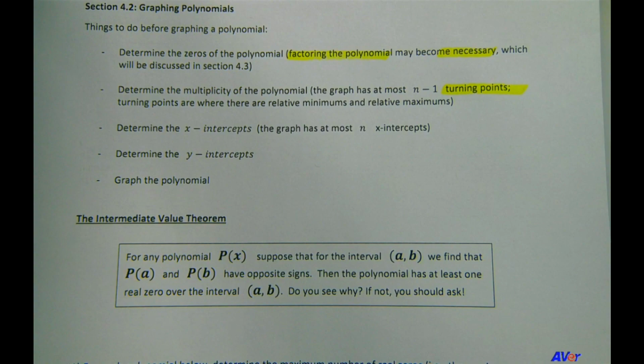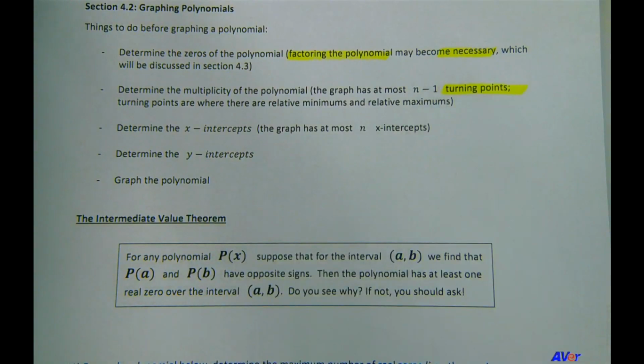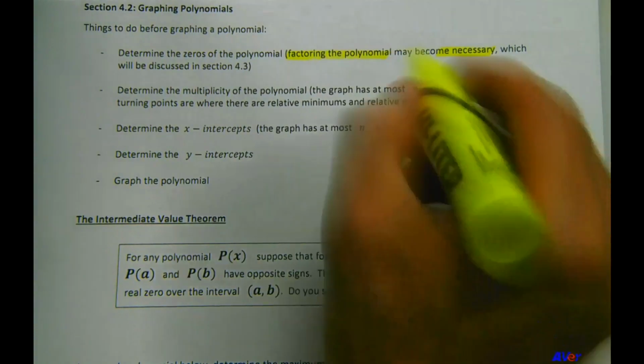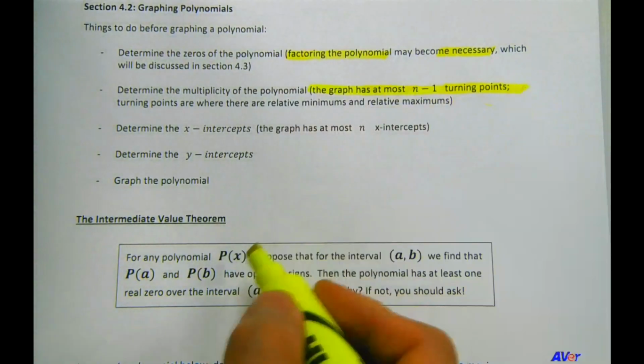Looking at that highest power, subtracted by 1, so n minus 1, would be the number of turning points in a graph of the polynomial. So if the highest power is 4, then it's not that we will have 3 turning points in the graph, but at most, the graph has at most these many turning points.